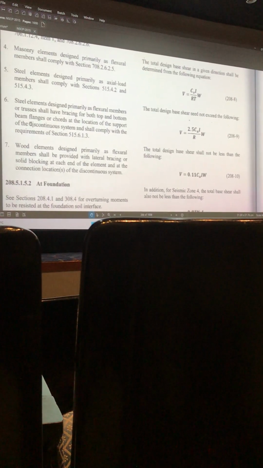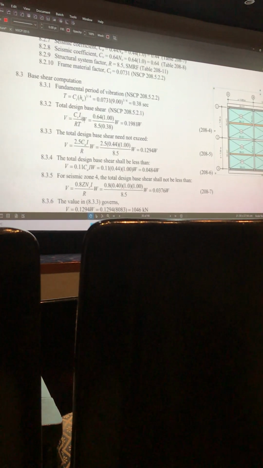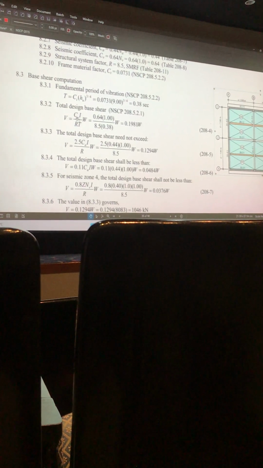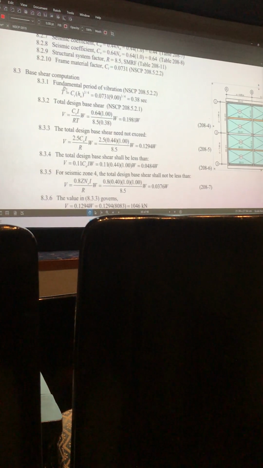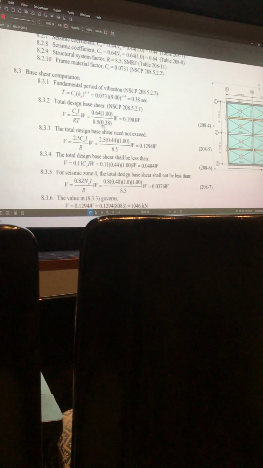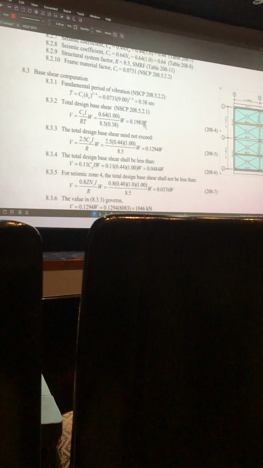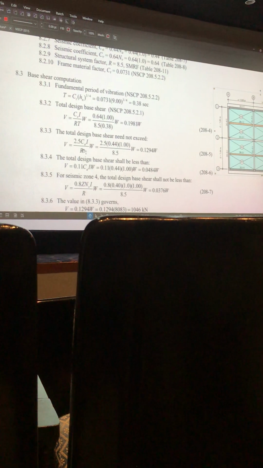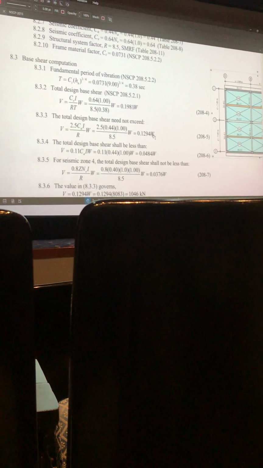So the first equation, you have CVI over RT times W. So the CV, I, R, and this T that we just computed are our seismic parameters. So you just substitute the values here, so you get your base shear as a percentage of the weight. And we also use the next equation, 2.5 CAI over R times W, which gives you 0.1294 W.